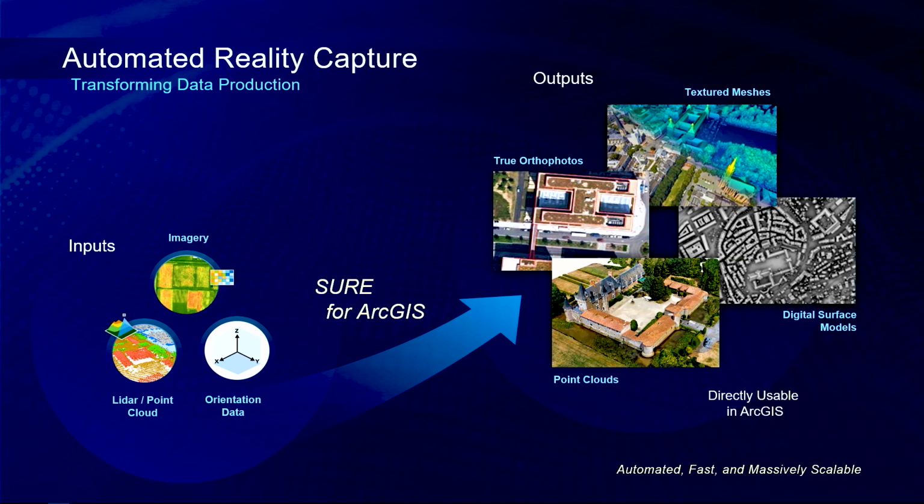Show for ArcGIS is the latest addition to the product family in this area, and it supports processing of very large collections of imagery, including both nadir and oblique imagery. While Drone2Map and SiteScan are focused on project-based workflows, Shore is focused on very large automated data production workflows that are of interest to mapping providers and mapping agencies.